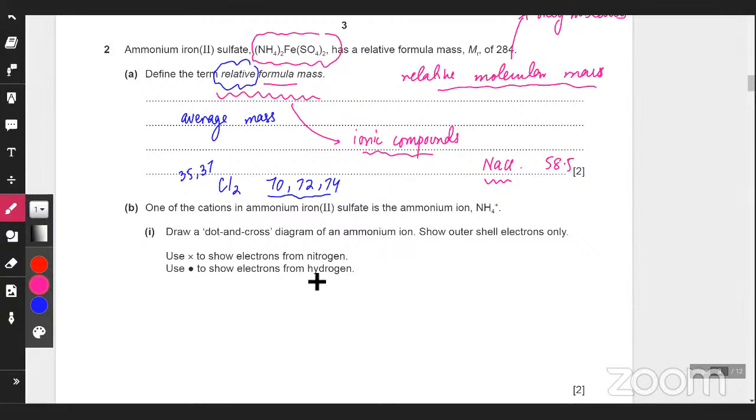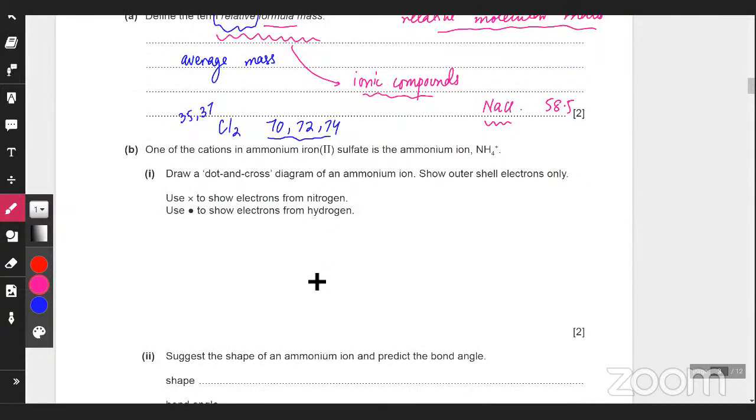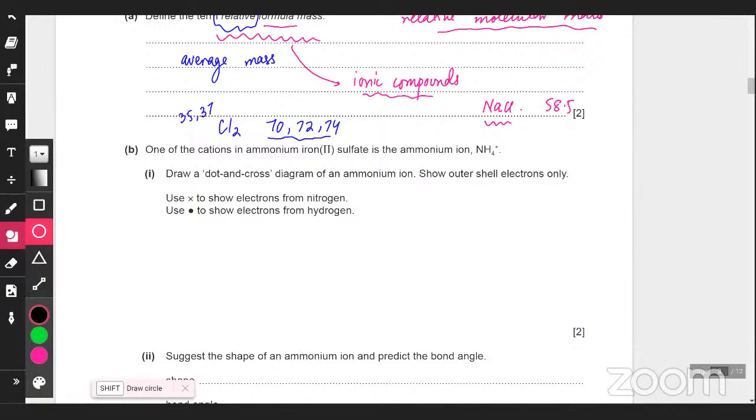Next one is draw the dot and cross diagram of an ammonium ion, show outer electrons only. So the ammonium ion is where you have a dative bond as well. There's an N which is surrounded by four hydrogens, and you have to draw a dot and cross diagram.